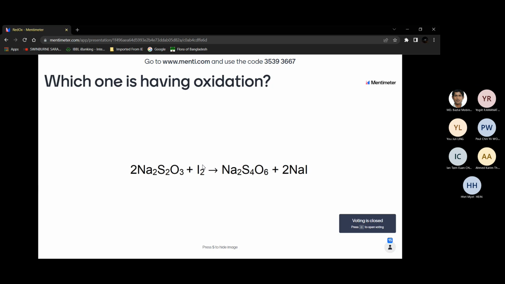Iodine is getting reduced because it goes from 0 to -1. Sulfur, however, is getting oxidized because, if we calculate it, you will see that it is +2 here and is becoming +4 probably. Yeah, you need to calculate it so that we will see.